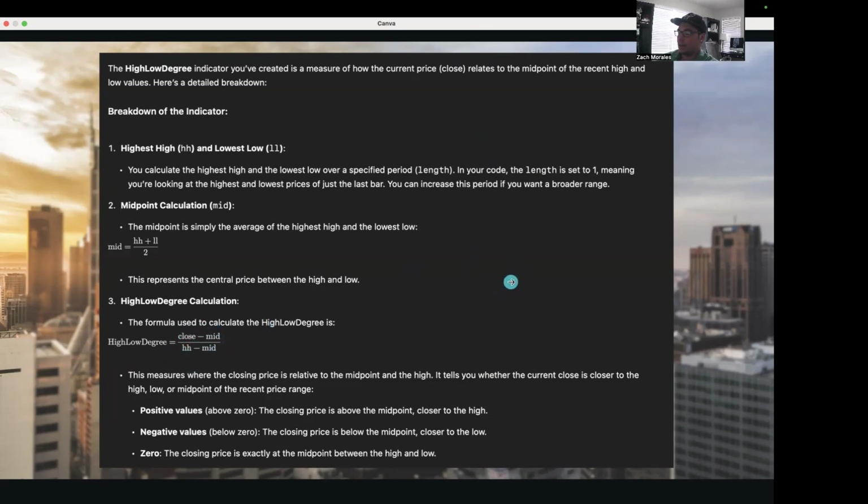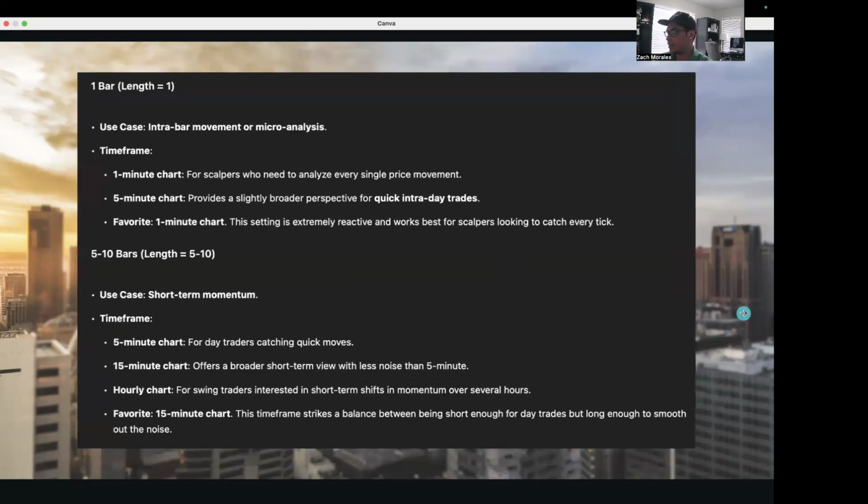Now, this measures where the closing price is relative to the midpoint and the high. It tells you whether the current close is closer to the high, low, or midpoint of the recent price range. So positive values mean that the closing price is above the midpoint, closer to the high. Negative values mean that the closing price is below the midpoint, closer to the low. And obviously zero means the closing price is exactly at the midpoint between the high and low.